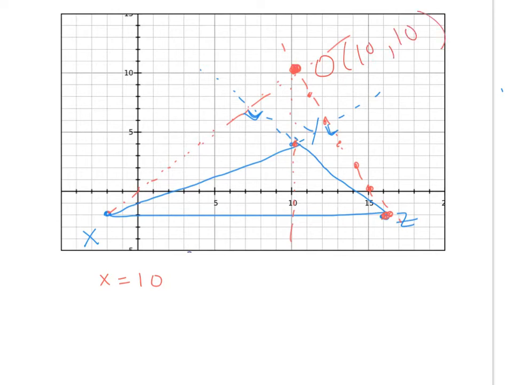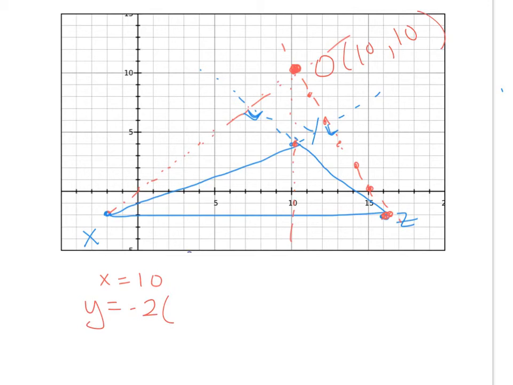Okay, but we want to verify that. Oh, we forgot to write the equations for the other altitudes. So the altitude from Z to XY is the equation y equals -2 times x minus 16 minus 2, and we're going to use point Z because that's the only one we know for sure is on there, although it looks like 10, 10 is on there.